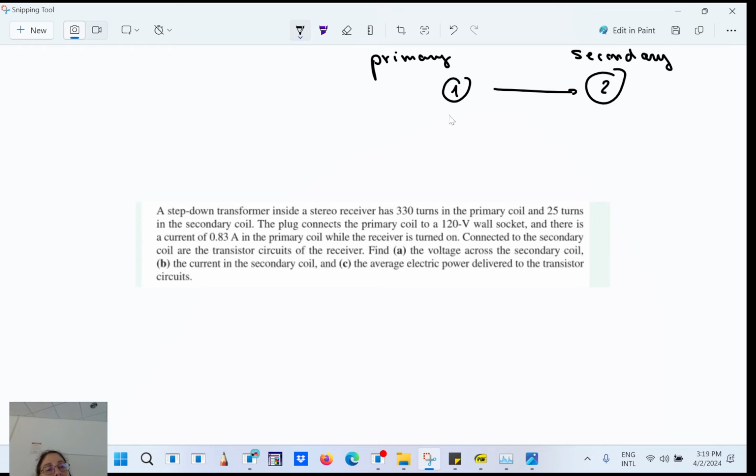You have number of turns 330, and here you have 25, so that will be N1, and that's going to be N2. The plug connects the primary coil to a 120 volt wall socket. So here you have 120 volt AC.